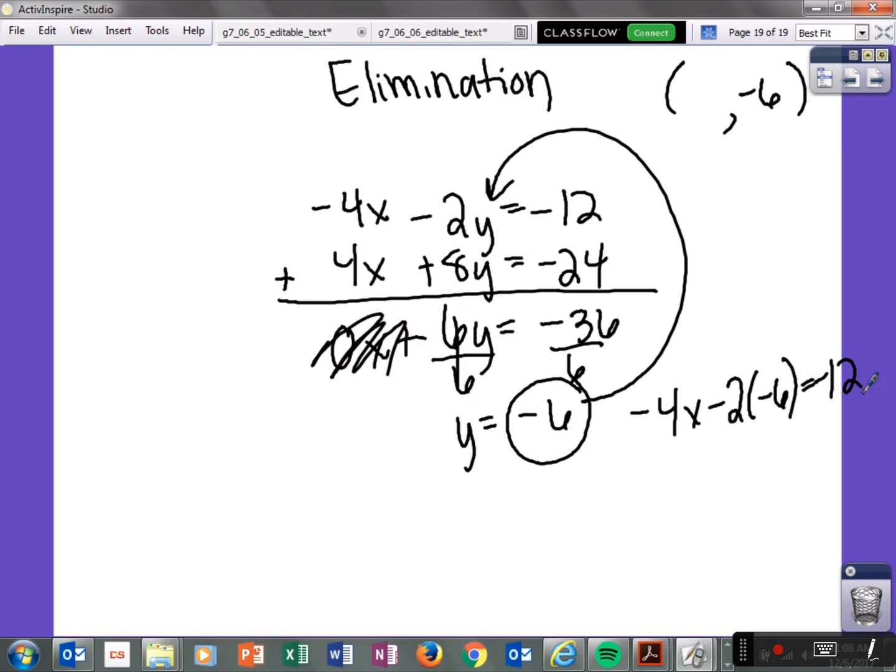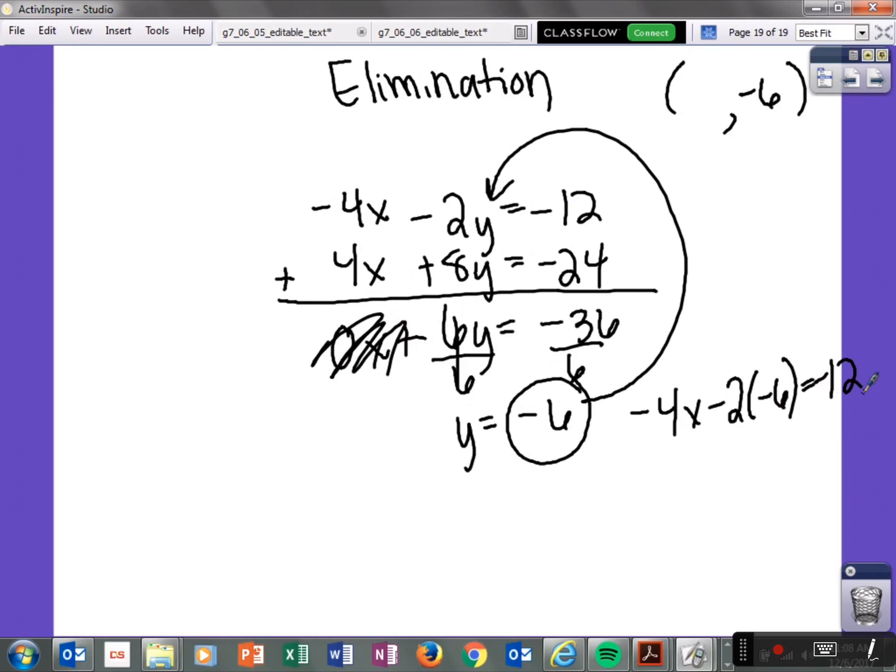You just plug it in for the y. It said y equals -6, so I let y be -6 because that's what it said it was. Just like with substitution, it said y was 3x plus 4, so I let y be 3x plus 4. Same thing here, all right?